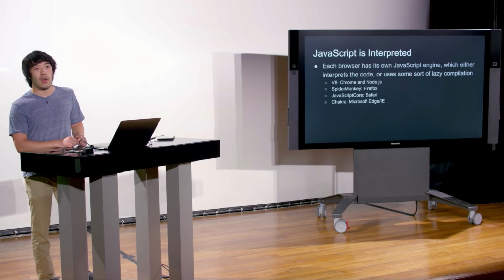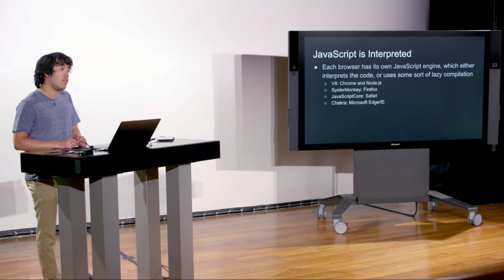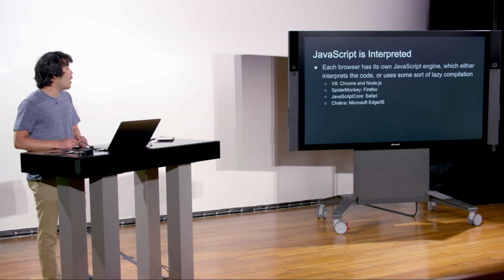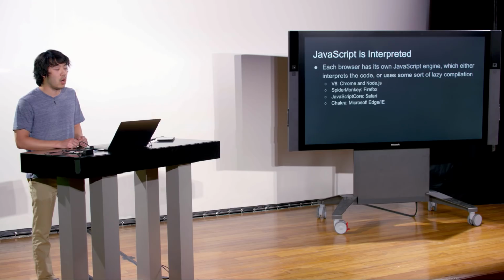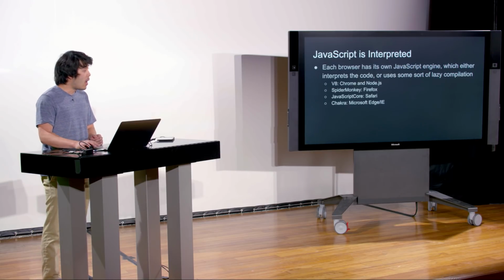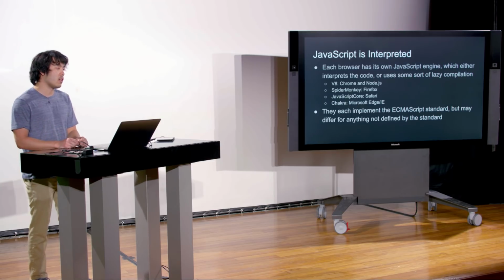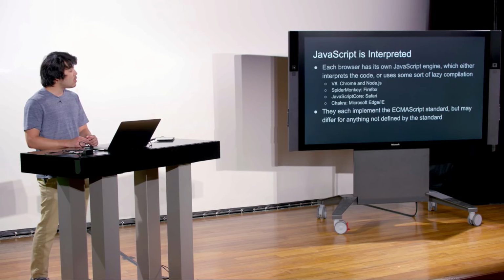Each browser actually has its own engine, and they're named. Chrome is called V8. If you've heard of Node.js at all, it also uses that same V8 engine. Firefox has SpiderMonkey. Safari has JavaScript Core, Chakra for Microsoft Edge and Internet Explorer. You don't really need to know these names, but it's a little bit important just to know that different ones exist. Because JavaScript actually is built off of a standard. The standard is put out by ECMA, which stands for the European Computer Manufacturers Association.